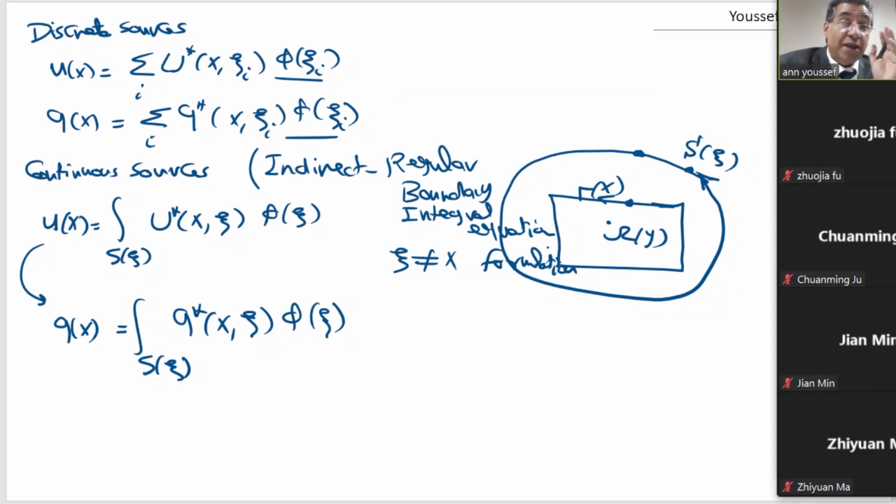Now we can move the sources according to lines or according to a closed contour outside. When the sources come to coincide with the boundary, we will have a problem.